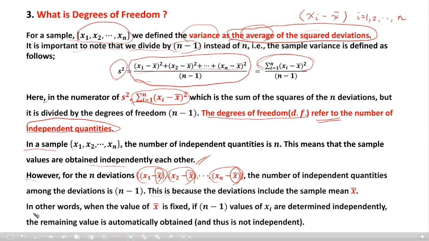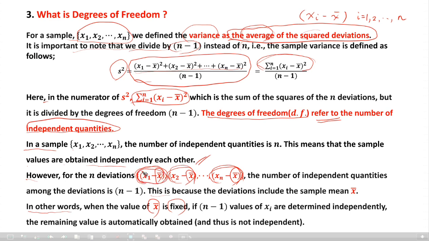No? Then let's see. In other words, when the value of x bar is fixed, meaning known, if n minus 1 values of xi are determined independently, then the remaining value is automatically obtained. So it is not independent. There are n deviations, and each deviation includes x bar.